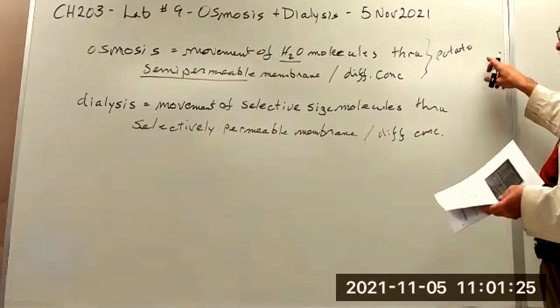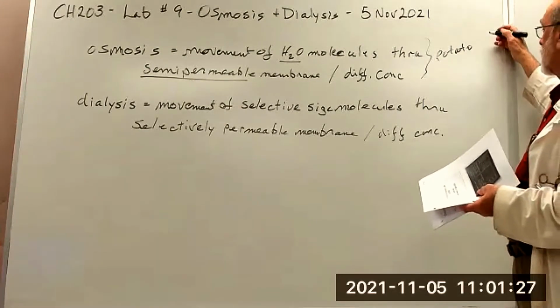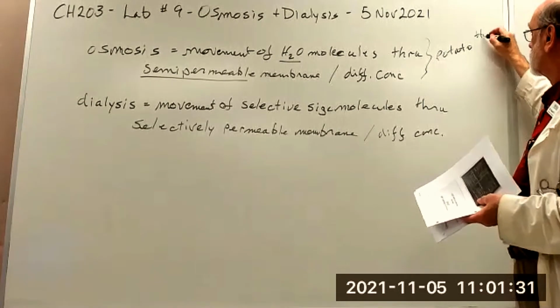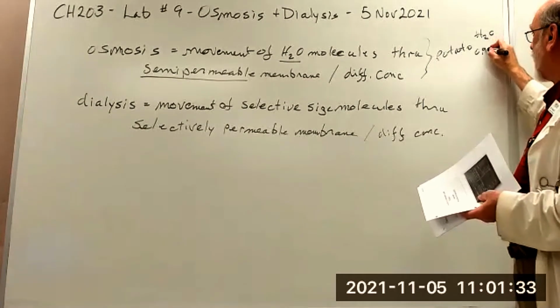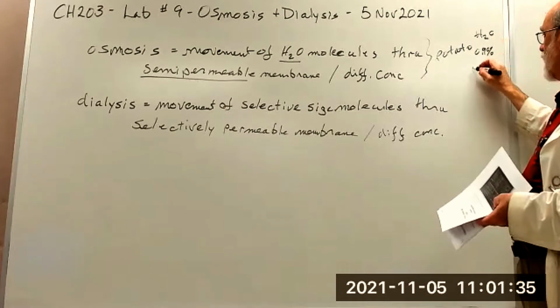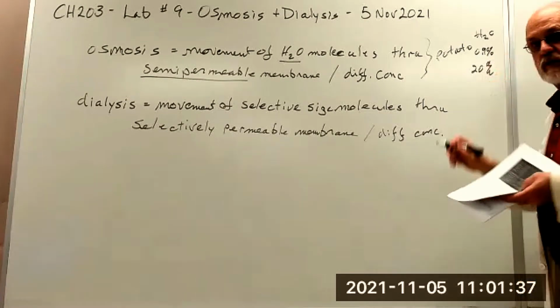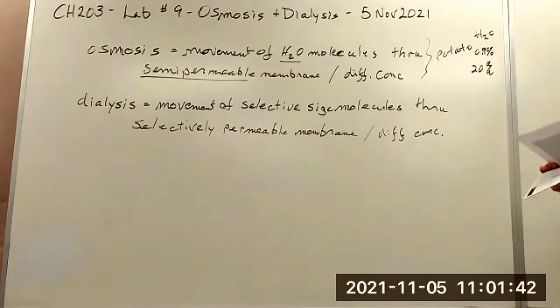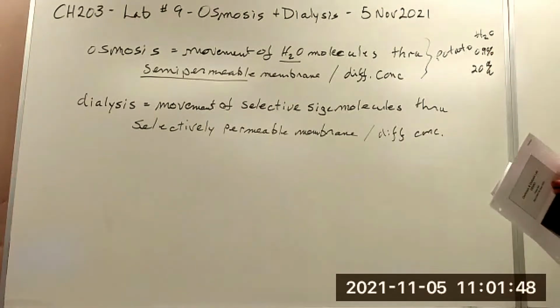So the potato, we're going to soak in pure water, in 0.9% sodium chloride, and in 20% sodium chloride. Those are our three. We'll talk about mixing those solutions in just a minute. You have to make your own solutions.